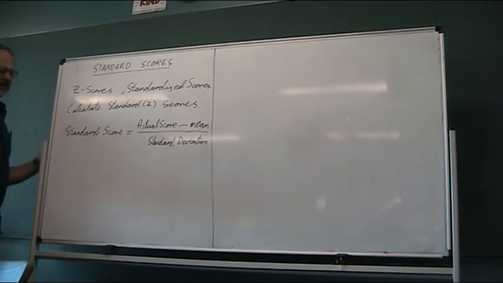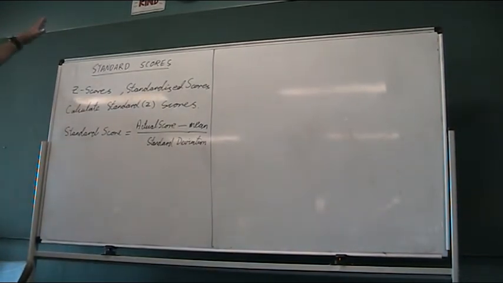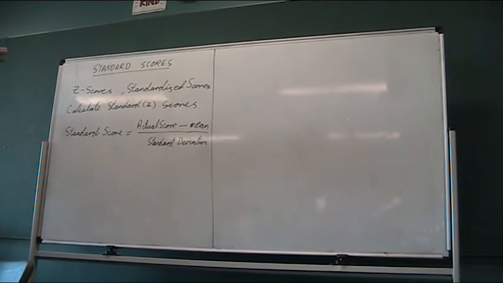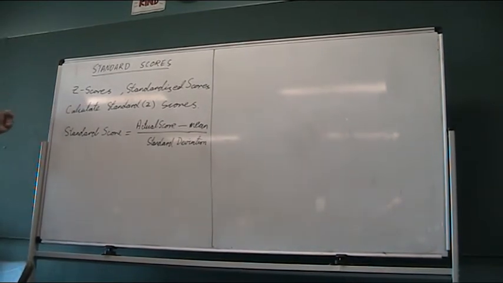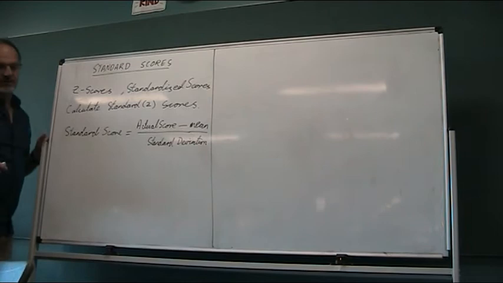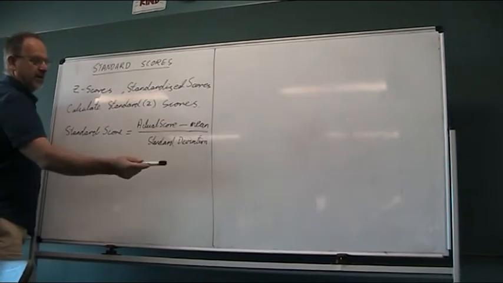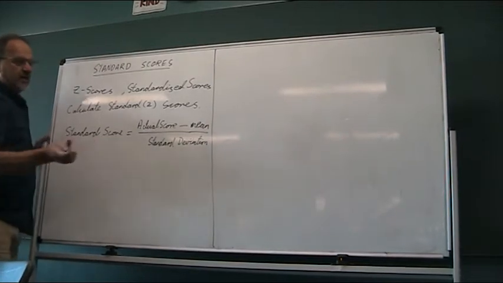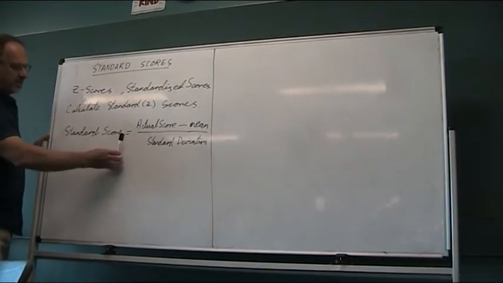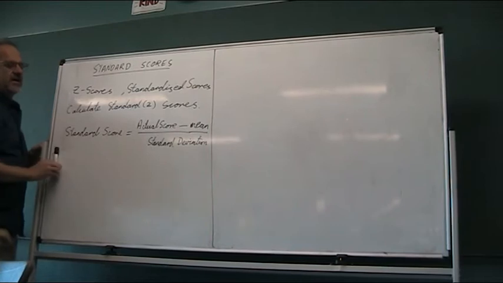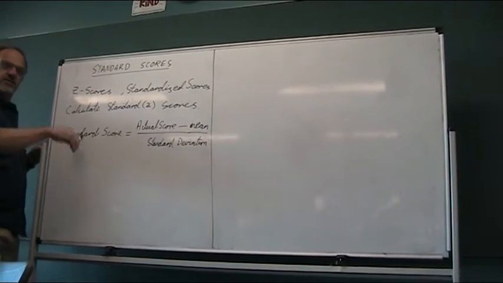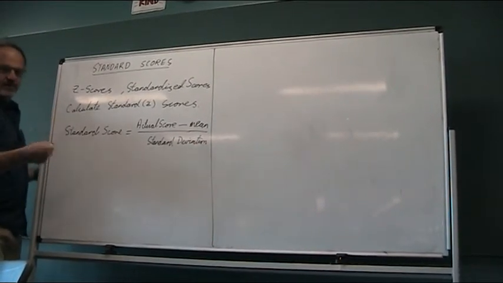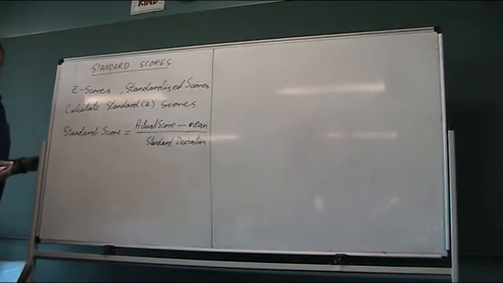So if you wanted to know how you went in history as compared to how you went in maths, for example, you'd go onto the VCAA stuff and look at the means and the standard deviation of each of those subjects, then work out this Z score with your score, and the one that has the higher Z score would be the one that you've performed better in.